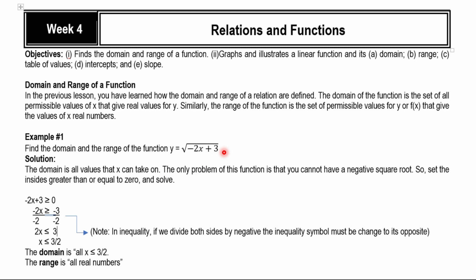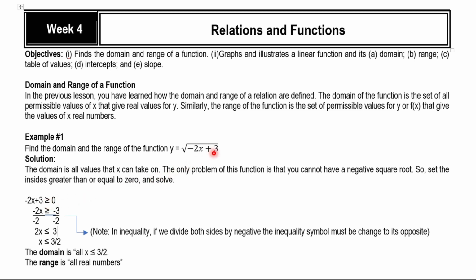So in this case, for us to get the domain, all we have to do is to equate it to greater than or equal to 0. Why greater than or equal to 0?